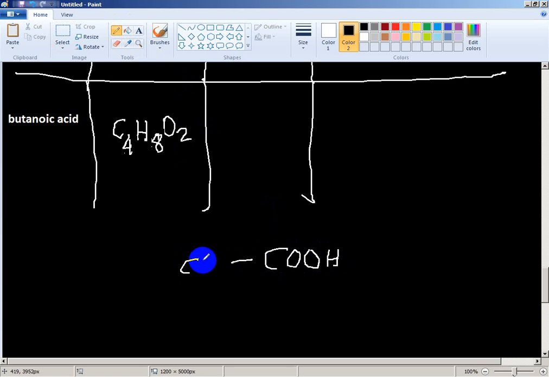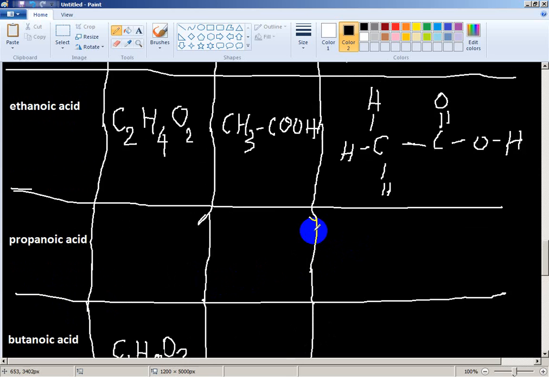Then in the middle the methylene group CH2, and finally CH3. This is the structural formula of butanoic acid.